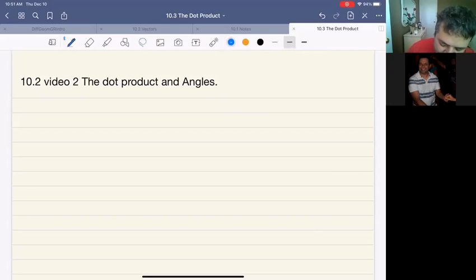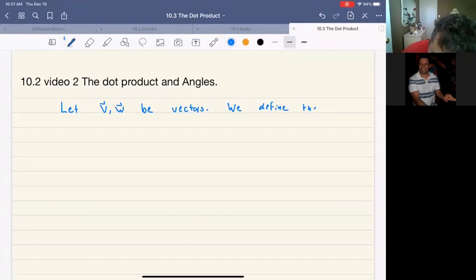So let's say we have two vectors. Let's say V and W are vectors. Okay? We define, and actually we define the cosine of the angle between them.